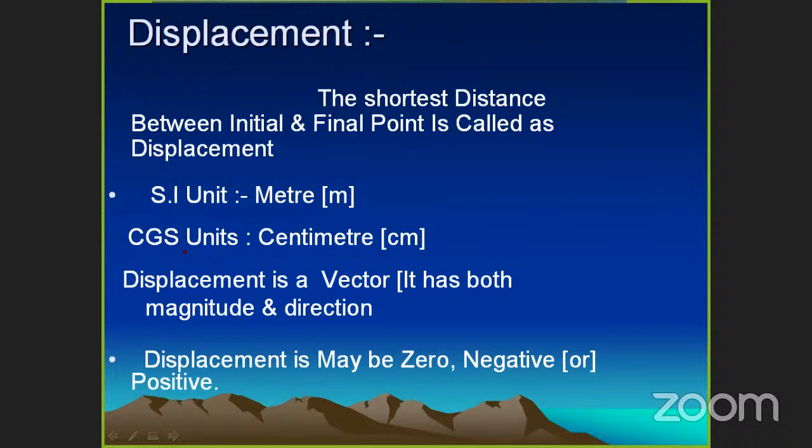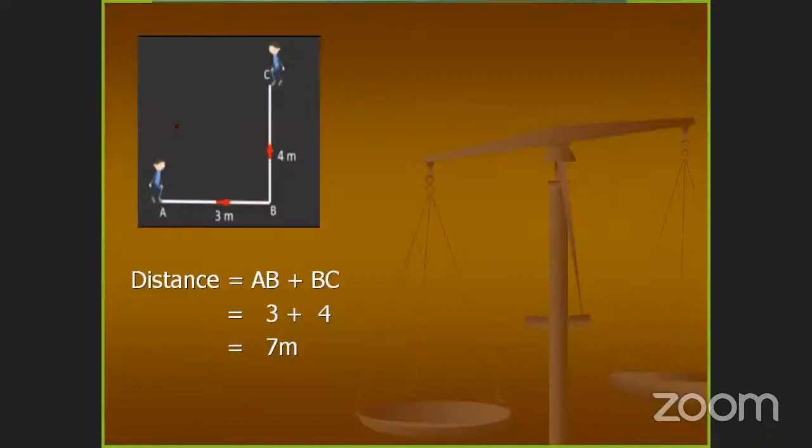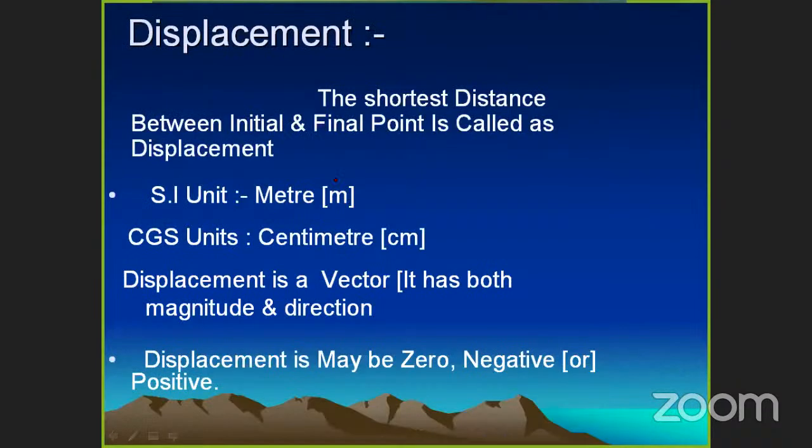Okay, now children, do all of you understand this difference between distance and displacement? Distance means the length of the actual path covered by the body, and displacement means the shortest distance between the initial and final point.